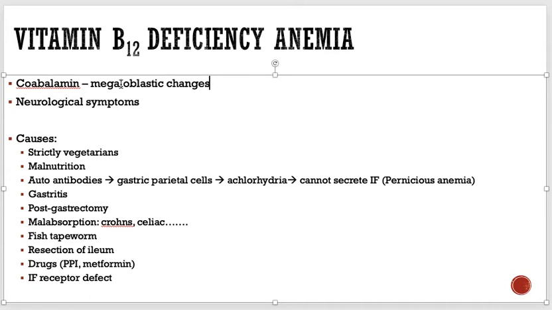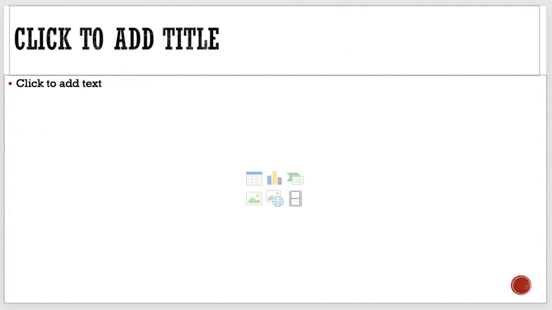It is macrocytic anemia. It gives neurological symptoms. I am saying this again and again so that it stays in your mind that vitamin B12 deficiency anemia does give neurological symptoms.